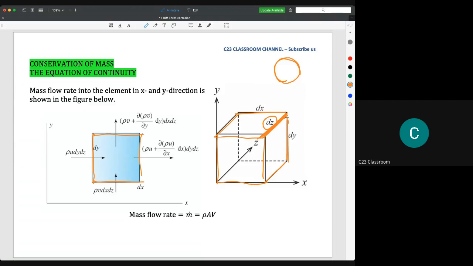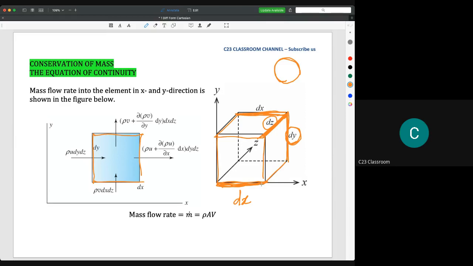The distance of this one is dy, because this is a small part of the y-axis, and the distance here is dx, which is a small part of the x-axis. And then we could write down here.